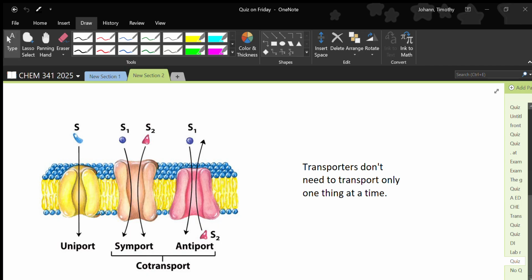So S1 is moving up an electrochemical gradient, and S2 is moving down an electrochemical gradient, and it is being used to help power bringing S1 in. Does that make sense? And then antiport would be the same thing, except we're going different directions.